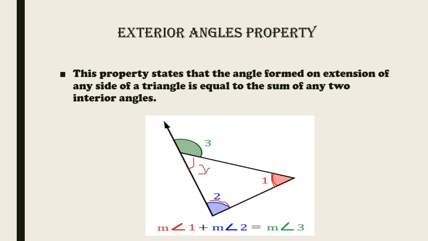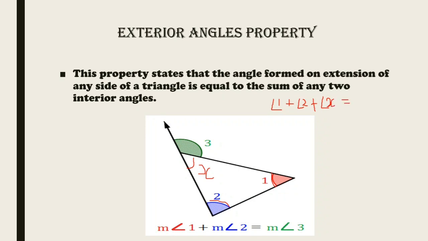Now, as you have learned that sum of angles of a triangle is equal to 180 degrees, so here we can say angle 1 plus angle 2 plus angle x is equal to 180 degrees as per angle sum property.